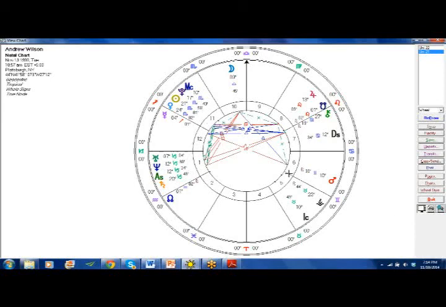So let's see. Okay, so he's asking, with earth and fire, Capricorn rising for example, what difference does that make to Aries rising?